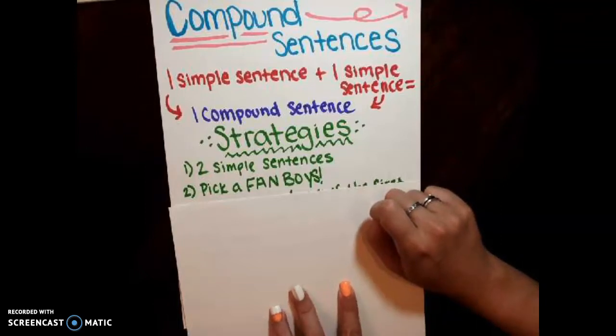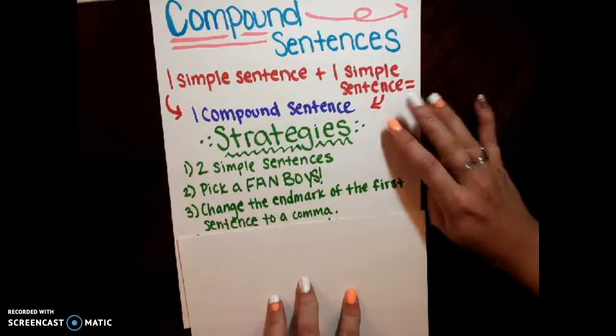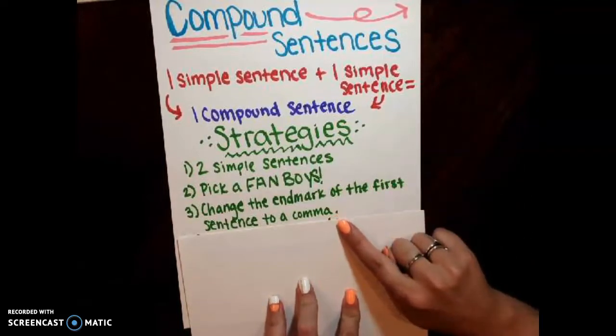Okay, so number 3, you're going to change the end mark of the first sentence to a comma. So if I have 2 simple sentences, they're both going to have periods, making them a sentence, because remember, all our sentences have to start with a capital and end with a punctuation mark.